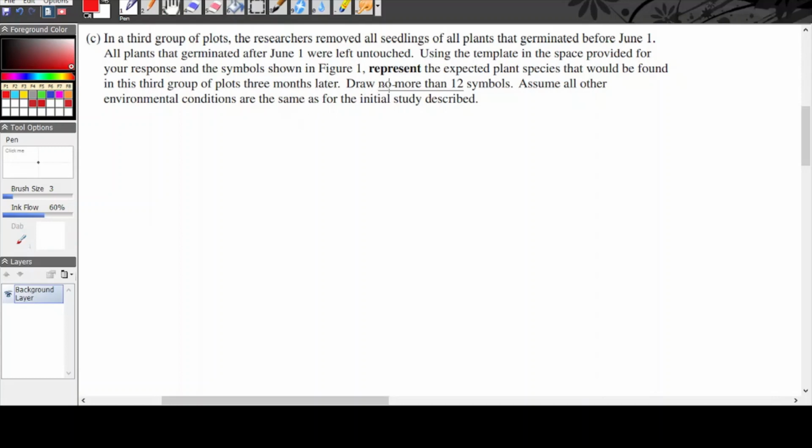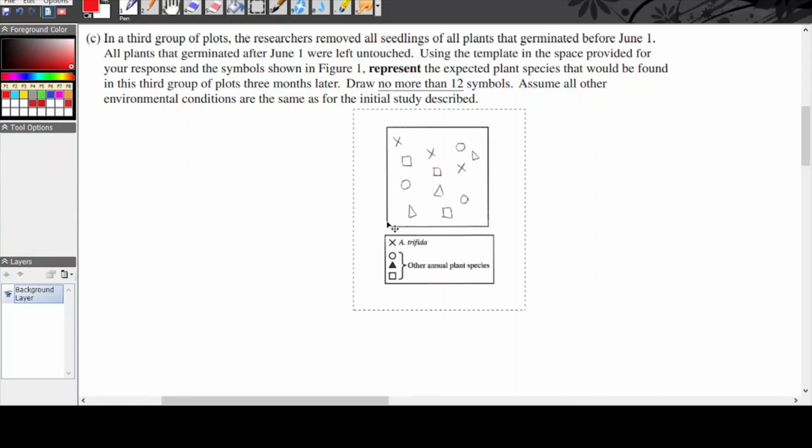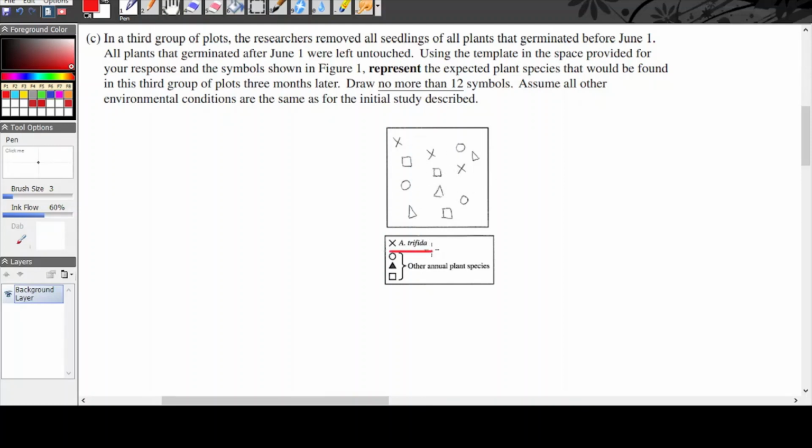So taking into account all the conditions placed in this question, the diagram or the template that you would get would be something like this. Now in this diagram, you can see that all of these species are equally present in equal amounts. You have the Ambrosia trifida, you have this particular species, and this particular species.